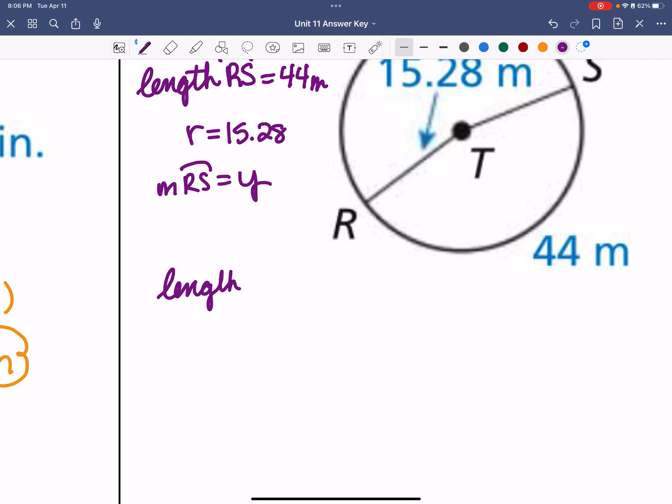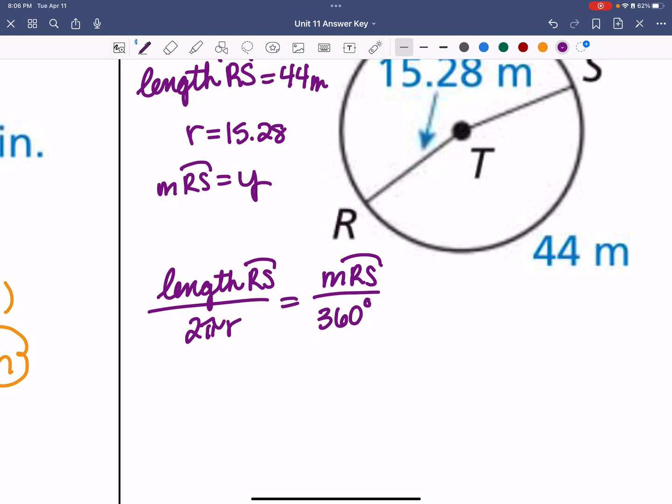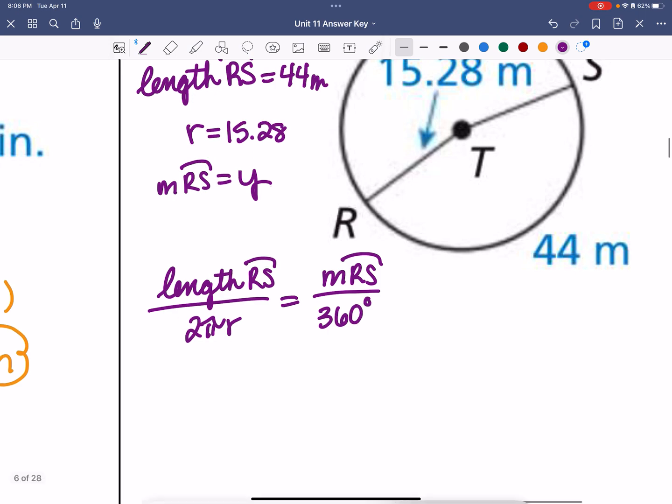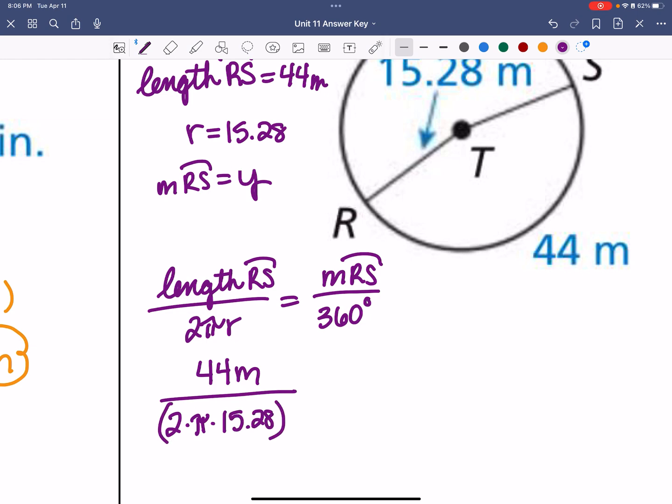Length of RS over 2 pi r is going to equal the measure of RS over 360 degrees. I have the length of RS, which is 44 meters. That goes over 2 times pi times 15.28 meters. That's going to be set to y over 360 degrees.